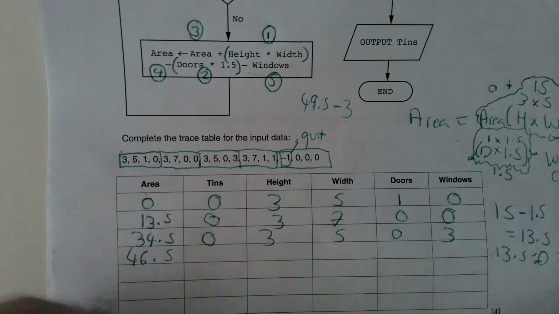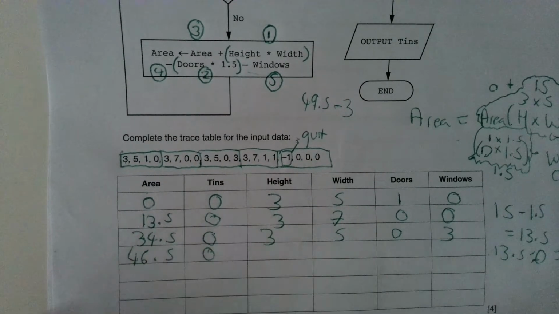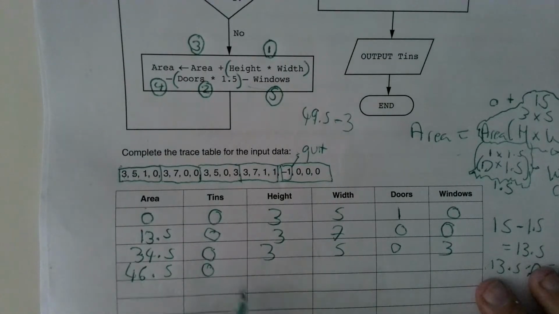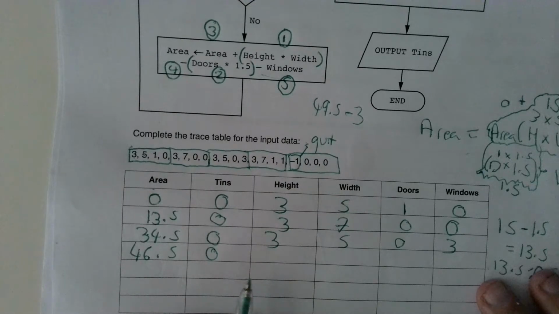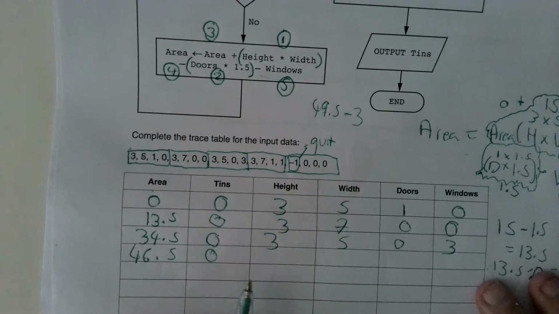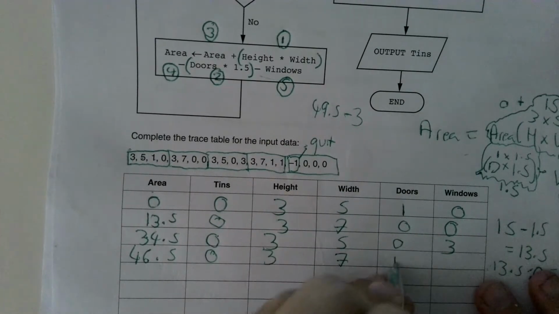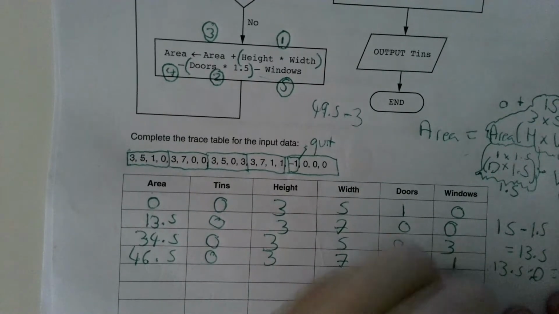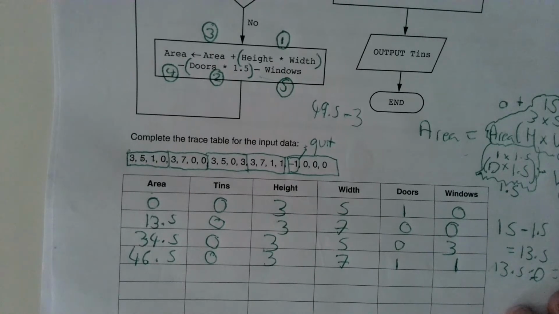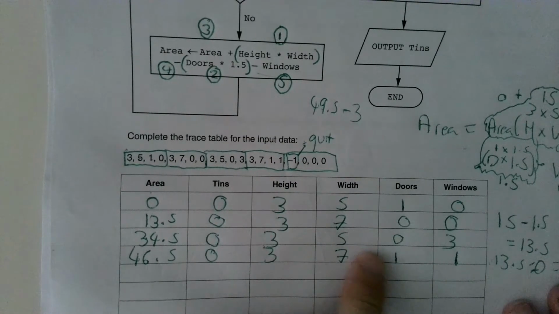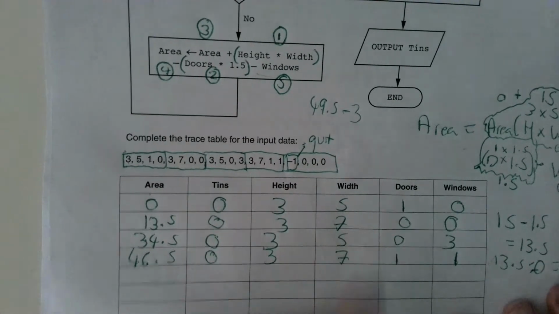Okay, we're now going to enter in our next group of numbers, which equals 3, 7, 1, 1. So all we have to do with this is 3 times 7 is 21. 1 times 1.5 is 1.5. So let me just write these down. So we've got 3 times 7 is 21. We've got 1.5 from our calculation.